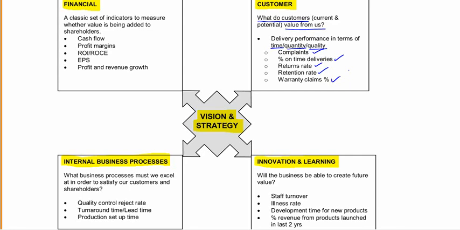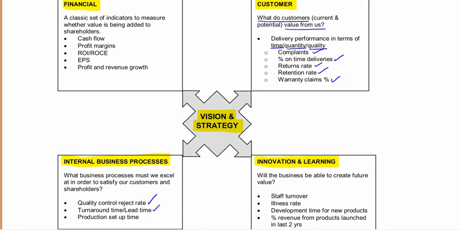When looking at internal business processes, i.e. what do we need to be able to do internally in order to make sure we minimise complaints or we get deliveries on time, etc., etc. Well, we've got to have good quality control, so we could look at quality control reject rates to see whether the quality of what we're making is suitable. We could look at things like turnaround time.